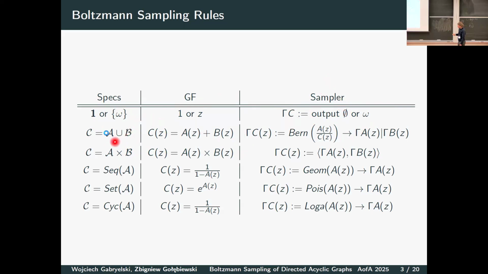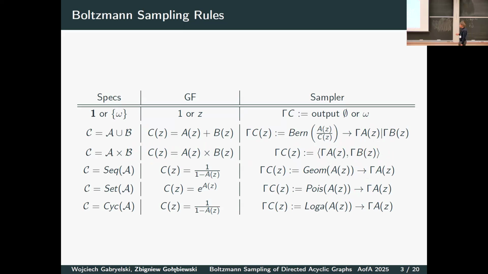If you have a disjoint union of A and B, then you first draw a 1 or 0 from the Bernoulli distribution with this parameter, and if you draw 1, then you run the Boltzmann sampler for the A structure, and otherwise the Boltzmann sampler for the B structure. In the case of products of A and B, you just return the tuple of the Boltzmann sampler of the A structure and the Boltzmann sampler of the B structure.